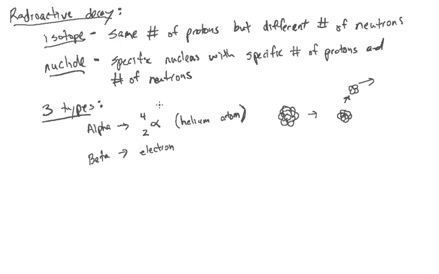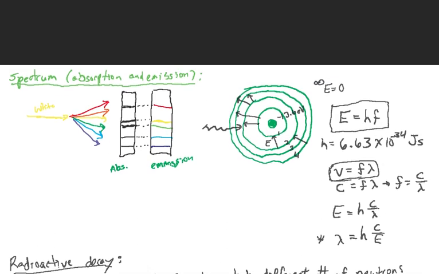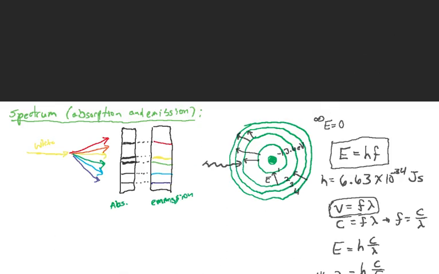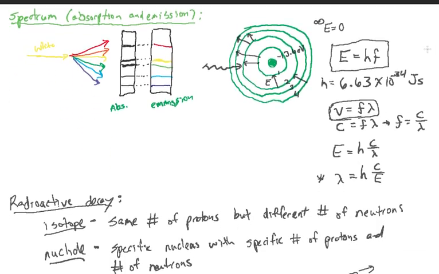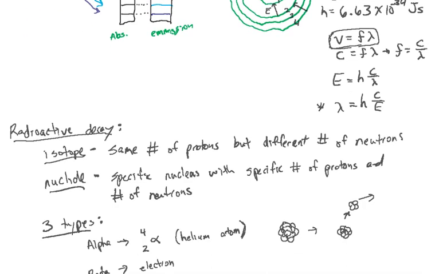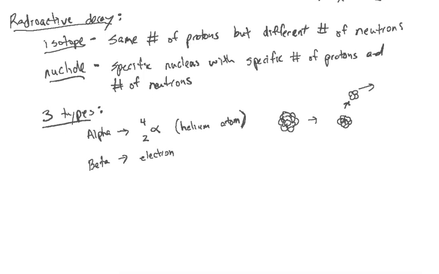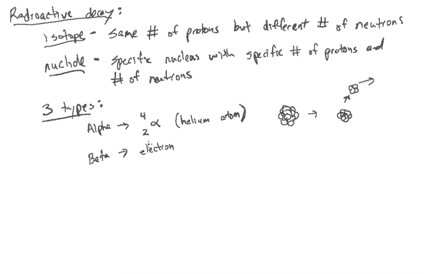Above, we talked about electrons shifting shells around, and if they went out to this infinity energy level, then they would have just been ejected and escaped, but that would release one of these photons. But down here, we're talking about an electron being emitted actually from the nucleus.